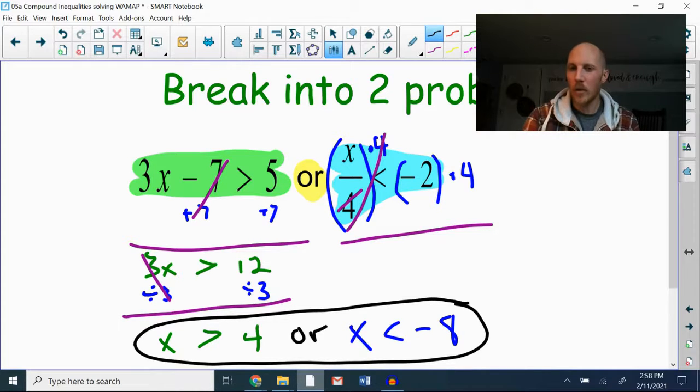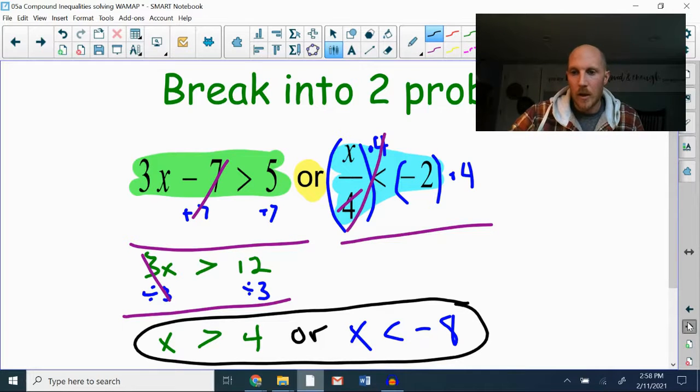The word compound, you might be familiar from English class, compound words where you take two different words and bring them together, like break and dance, and you put them together to make break dance, right? It's the same kind of idea. You got green inequality and blue inequality. We just bring them together to create a compound inequality. It's like two separate inequalities that got attached, right? And so we have to attach our solution.